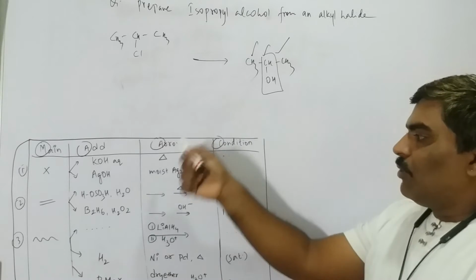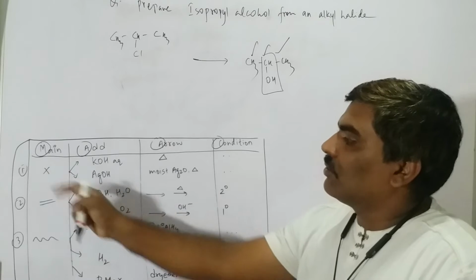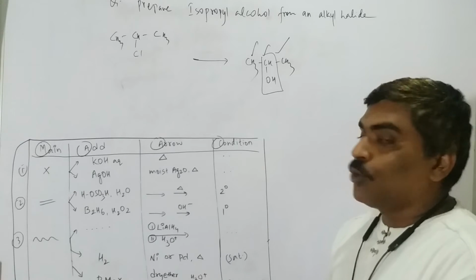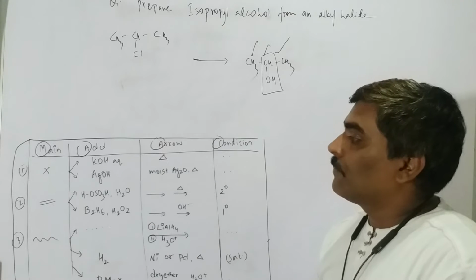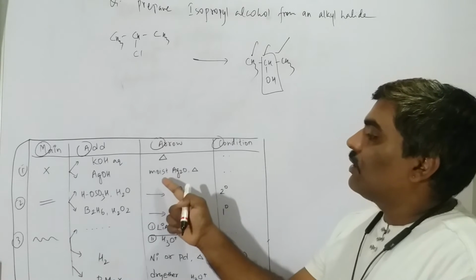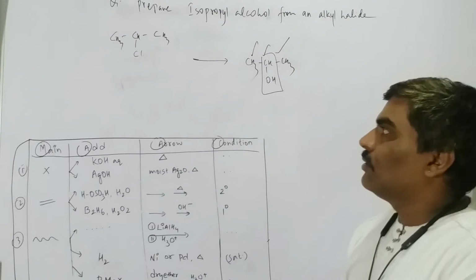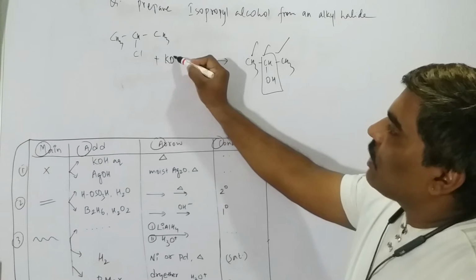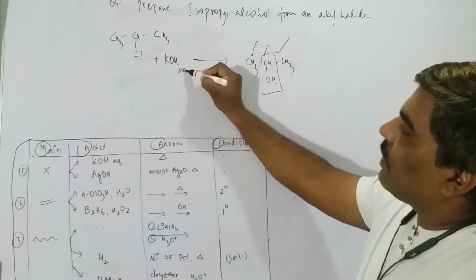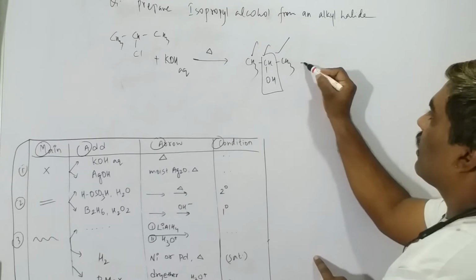Now we'll see in this table. This is halogen. So two possibilities there. You can use aqueous KOH or with moist silver oxide we can do this reaction. So what we can do here is we can write KOH, which is aqueous, and heat, and byproduct KCl.